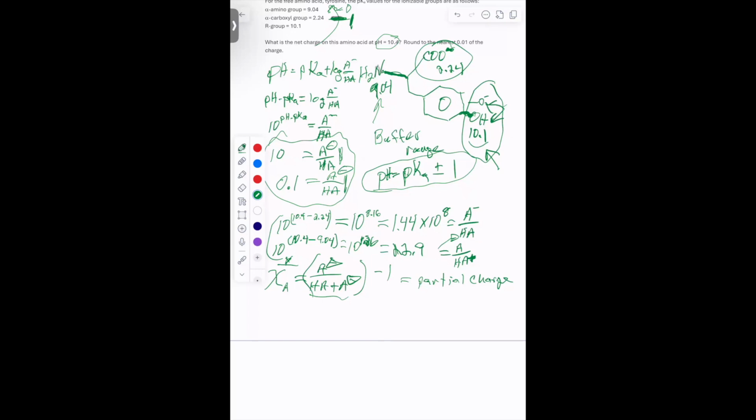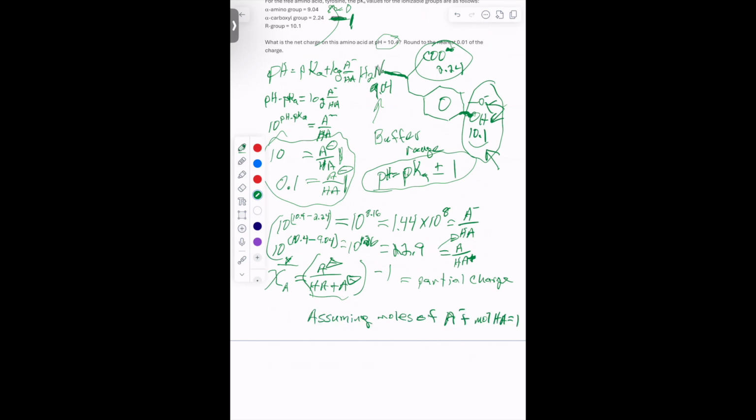So let's make this easy by assuming that the moles of A minus plus the moles of HA equal 1. We'll just make it very easy for us, okay?